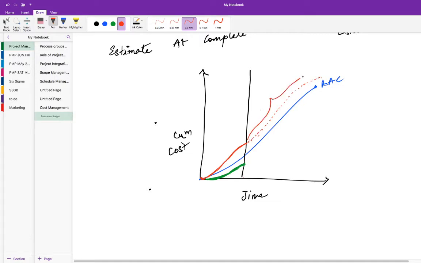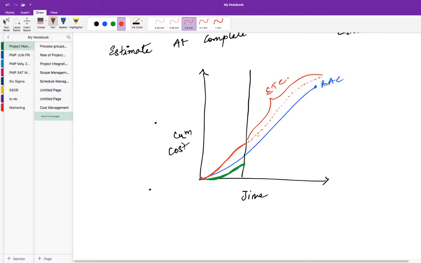This money required, what is it called? This money is the estimate to complete the remaining work. This is called ETC.